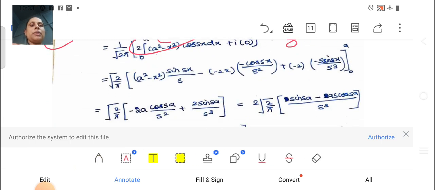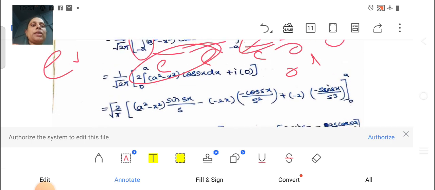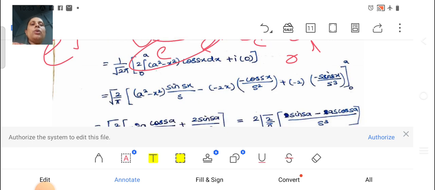Next, in this even function value, we want to substitute the upper limit and lower limit. The upper limit is a and the lower limit is 0.